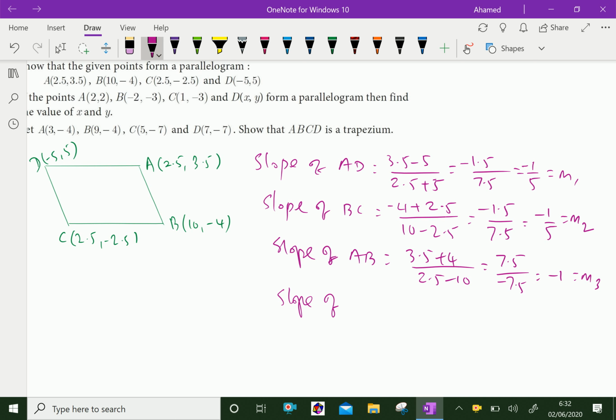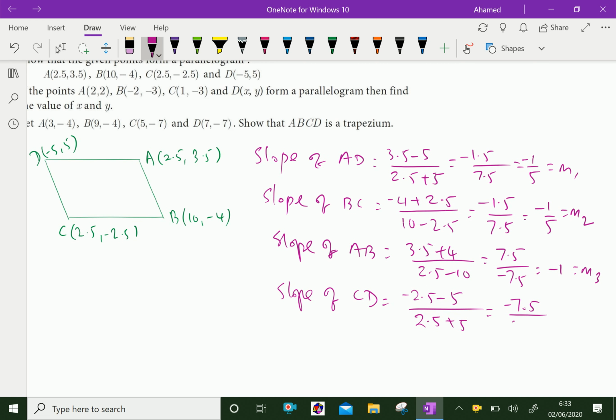Then the slope of CD. C is here, the y value is minus 2.5 minus 5, over 2.5 minus of minus 5, that is 2.5 plus 5, which is equal to minus 7.5 over 7.5, which is equal to minus 1.